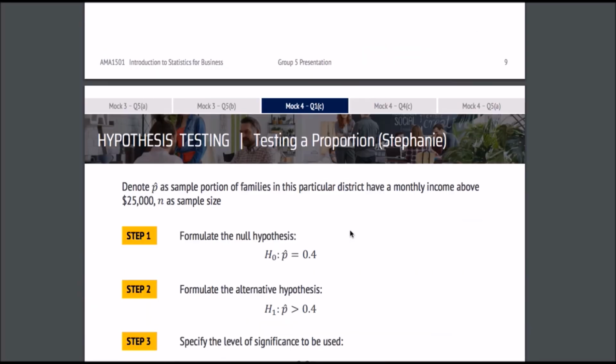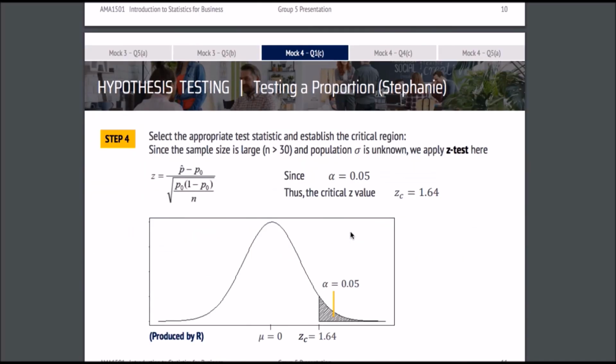Because we have a sample size larger than 30, since our sample is 140, we can use a Z distribution instead of a t distribution. Since the whole question is concerning the proportion, we can use this formula to help our calculation.